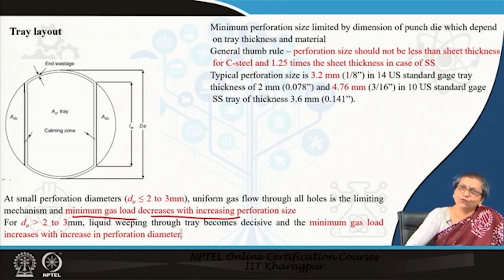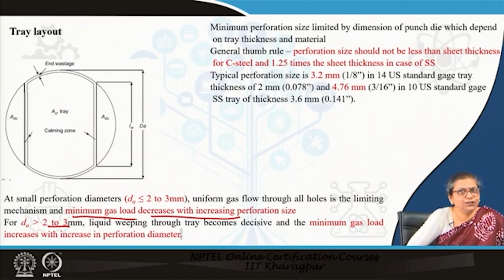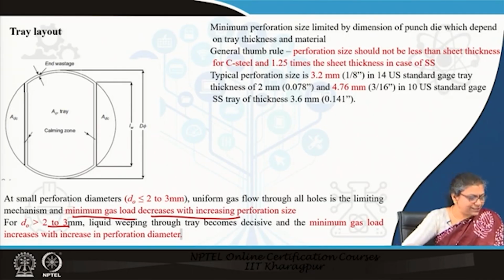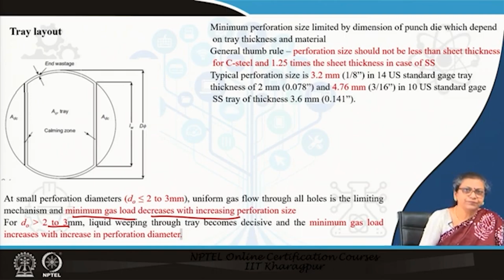But if you go for larger perforation sizes, greater than 2 to 3 millimeters, the uniformity of gas flow through all the holes is not a deciding factor. On the other hand, liquid weeping becomes the decisive factor. So, under that condition, the minimum gas load actually increases with increase in perforation diameter. These are the small things that you need to keep in mind.